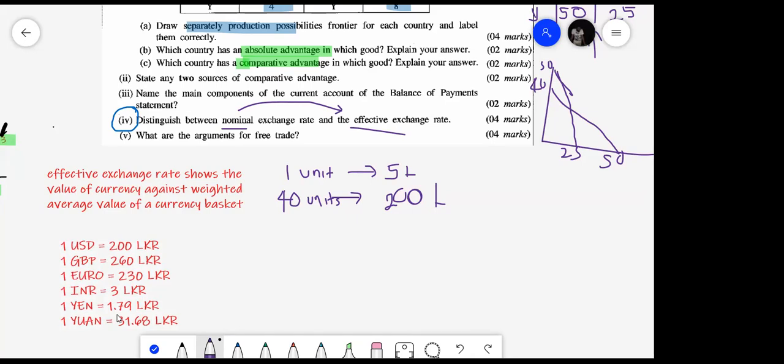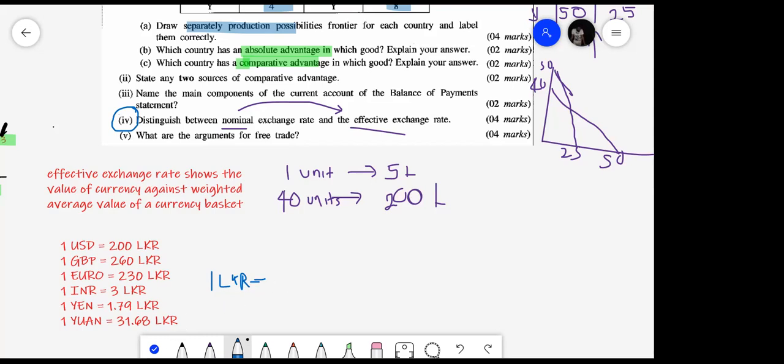So you get the weighted average. That means weighted based on how much trade we do. Let's say we do most of the trade with USA, then we give a higher weightage to USA. Let's say the pound is the next, then we give the next weightage to that. So based on that, guys, we calculate something called a weighted average.